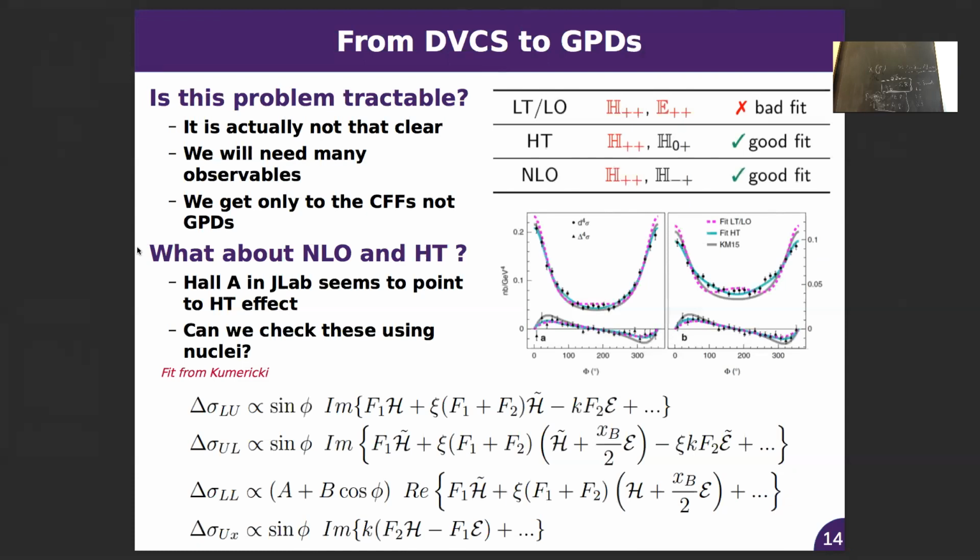One of the points I wanted to make is, can we actually check these things using nuclei? Maybe it's easier to check whether there is an effect of this higher twist using nuclei, because if you have a good measurement on helium-4, you have a full constraint of everything. When you have different observables, you can make a statement about the coherence of those observables and the size of those higher-twist and next-to-leading order effects.